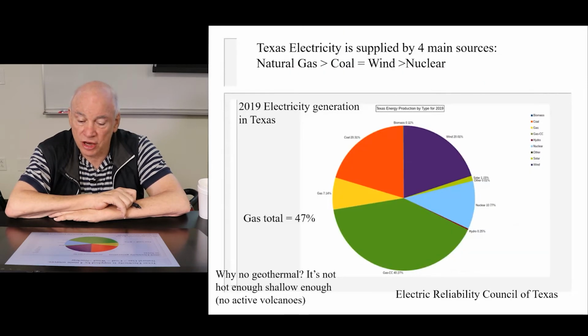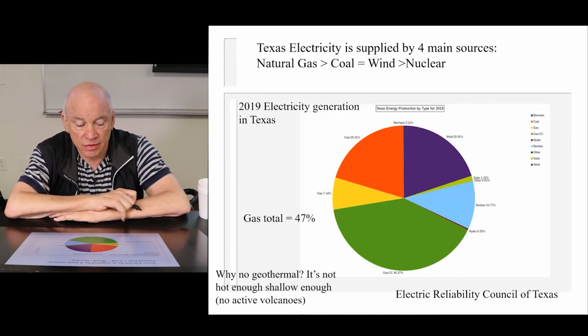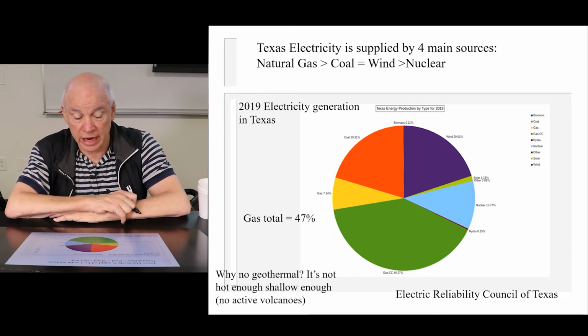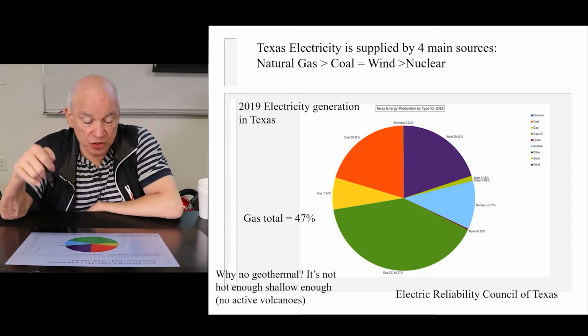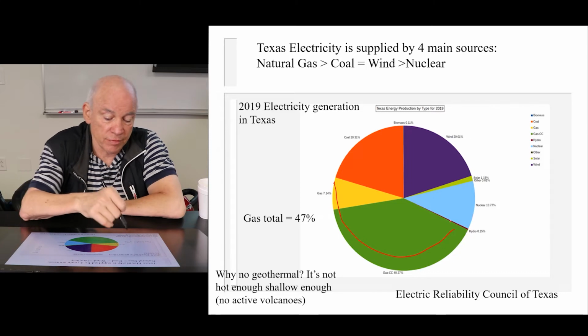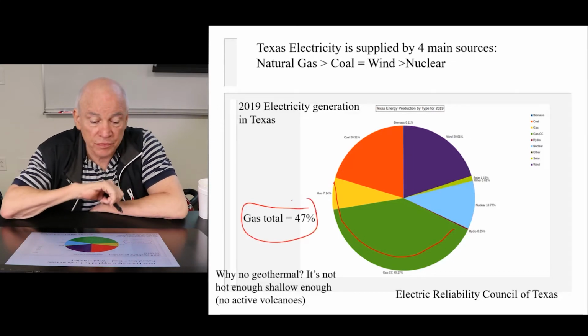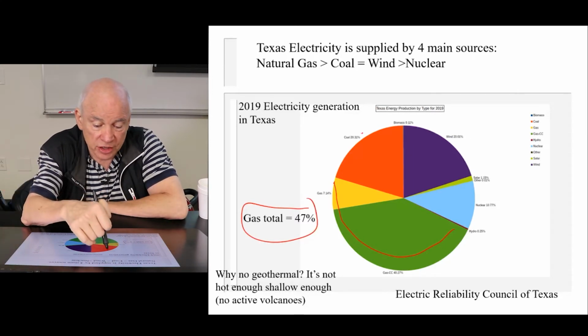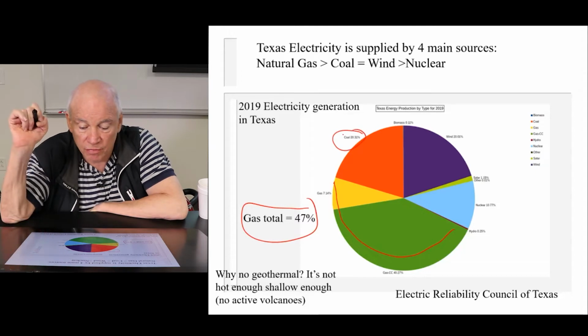All right, so let's just talk about how we generate our electricity here in Texas. So this was 2019. We talked about the total amount of energy that Texas used. This is what we use to make it. So about 40%, all of this and all of this, is made by burning natural gas. And then another 20% is made by burning coal.